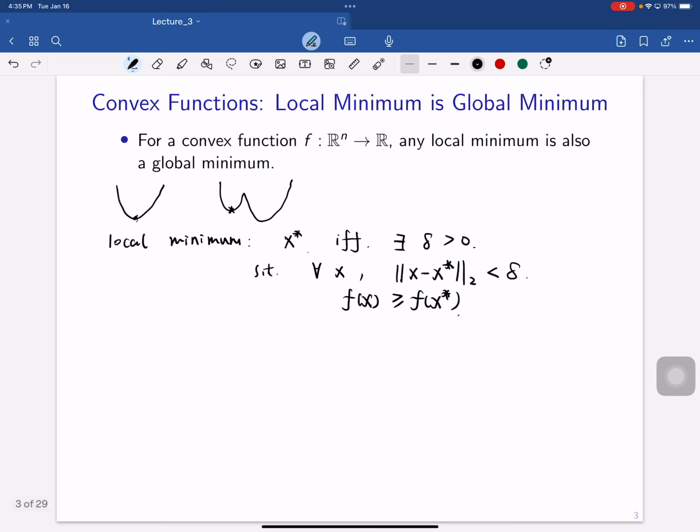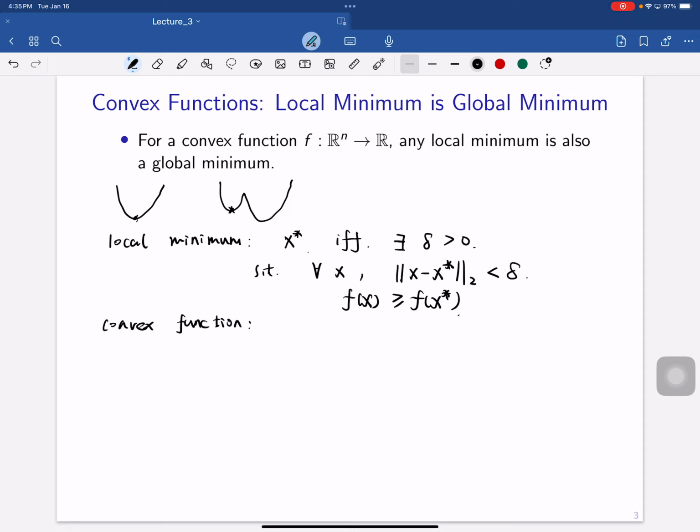Okay. Then also to remind you what the definition of a convex function is.